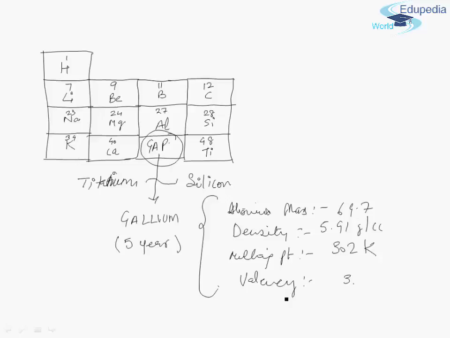Its properties were found similar to boron and aluminium as predicted by Mendeleev. So it took the gap and gallium was placed under aluminium.